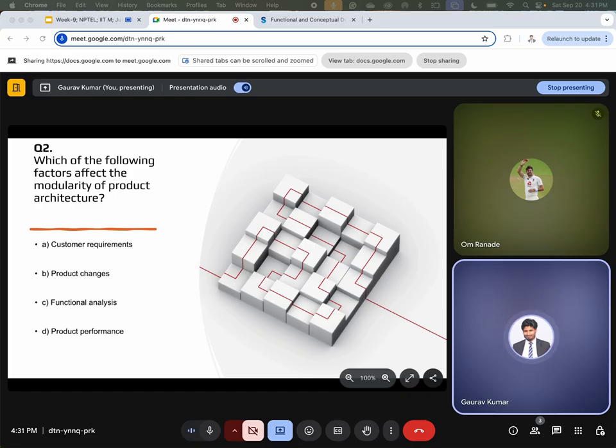Customer requirements and functional analysis do guide design, but they do not directly decide the modularity. Instead, it is the need to accommodate future change and maintain strong product performance that drives modular architecture decisions. Okay.